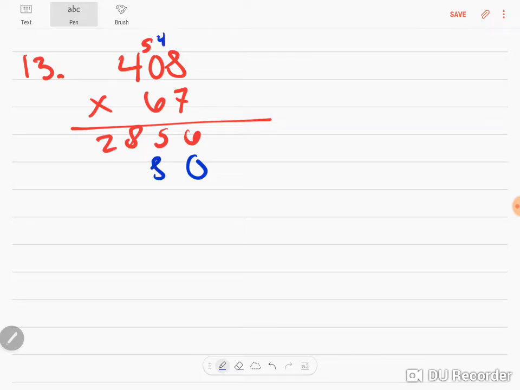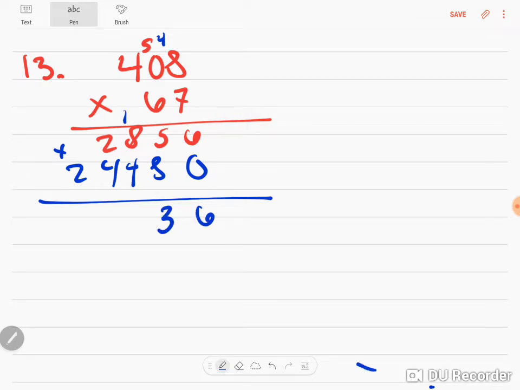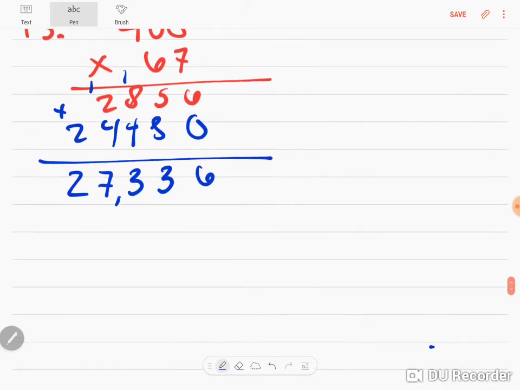Then I'll put my 4 there. 0 times 6 is 0 plus 4 is 4. 6 times 4 is 24. 6. 13. Another 13. 7. 2. There's your answer.